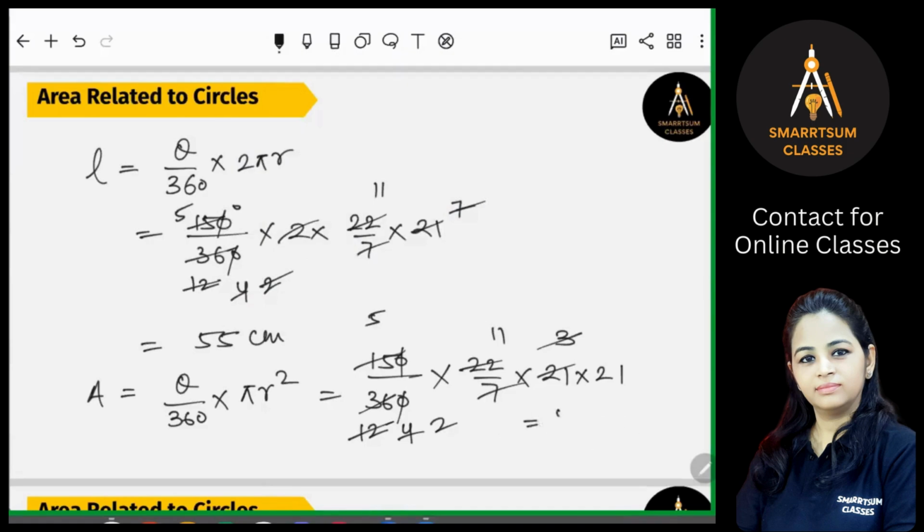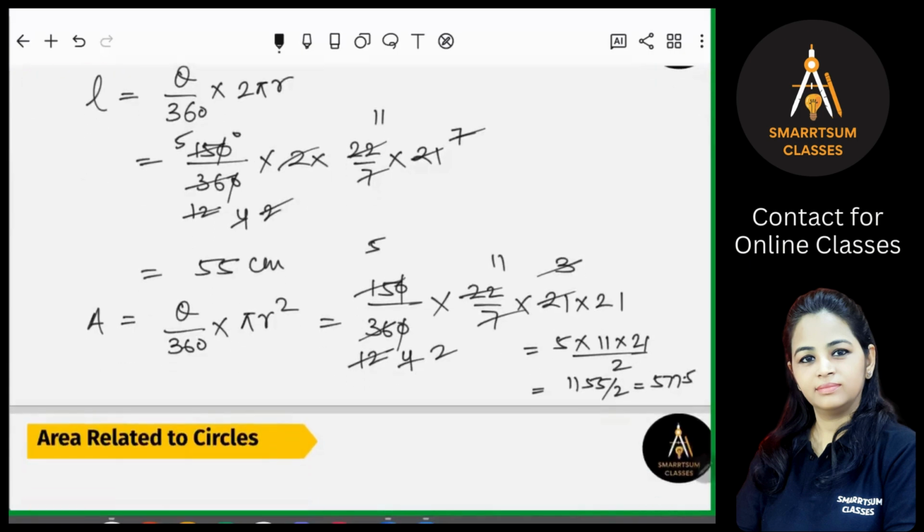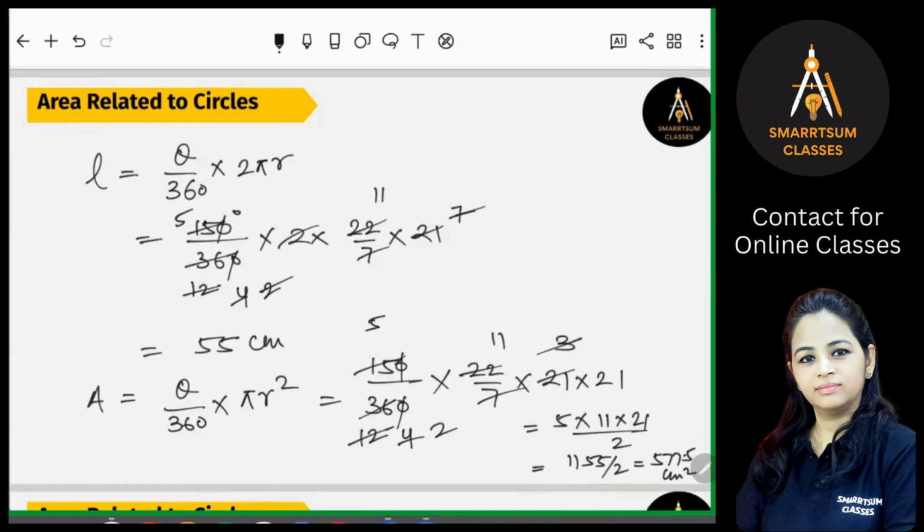So this is 5 into 11 into 21 upon 2, that is 1155 divided by 2, which is equal to 577.5. 577.5 centimeter square. So in this way, we can find out the area of the sector and arc of the sector. Is that clear? Yes.